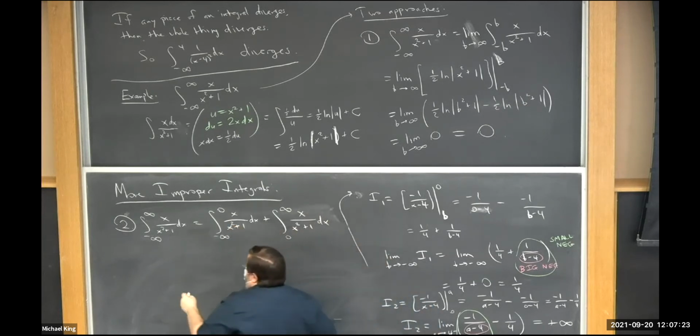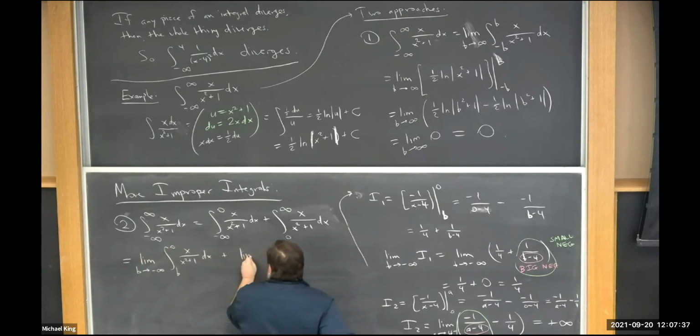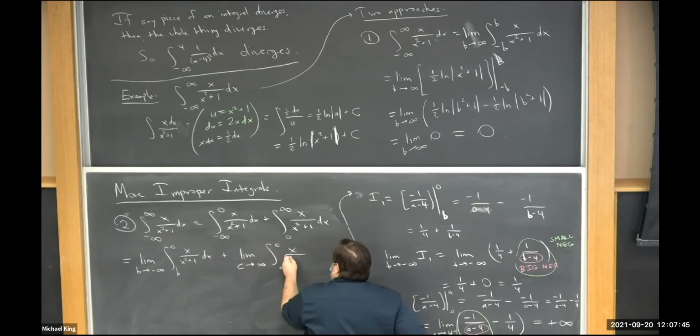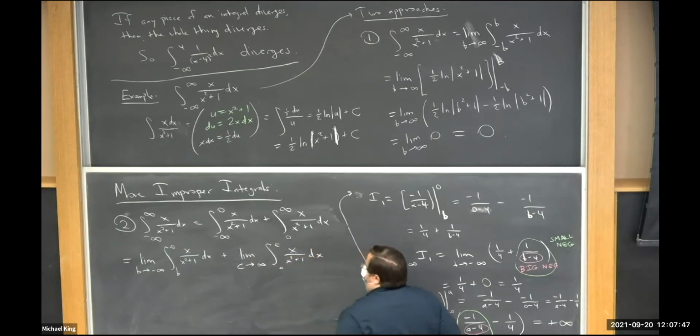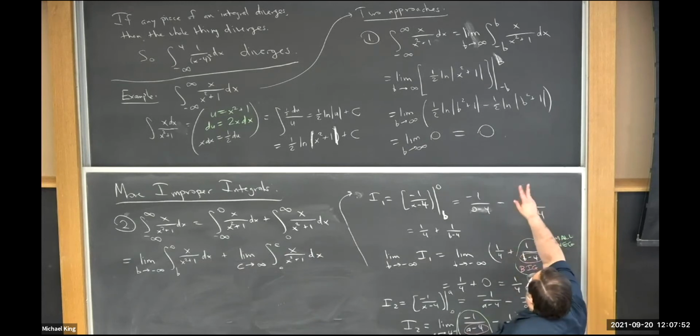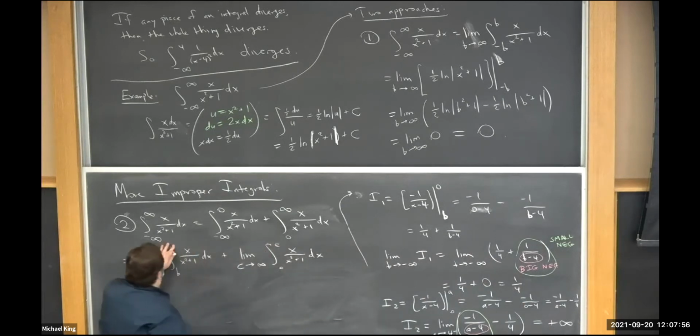And so, okay, now let me be pedantic. If we again just turn this into a limit, and now I'm going to use a different letter, c goes to infinity, the integral from 0 to c. Now we can use the same idea we used up here.